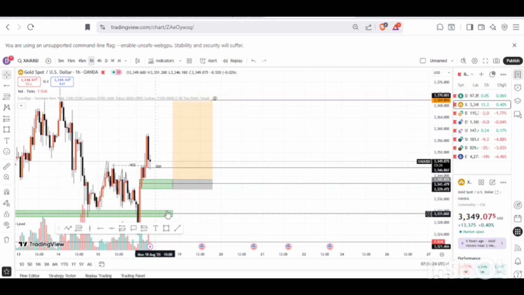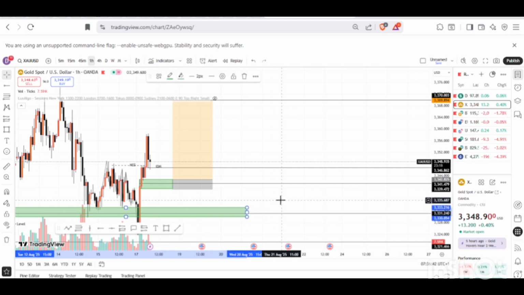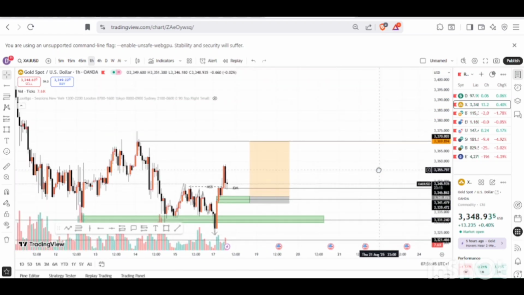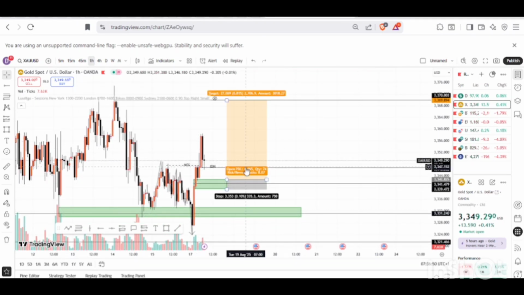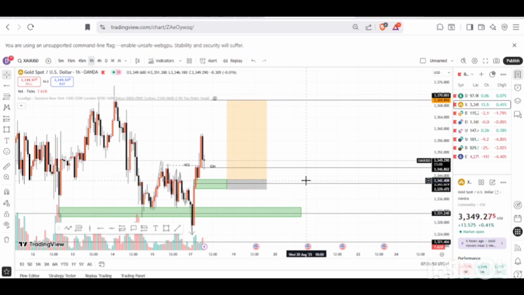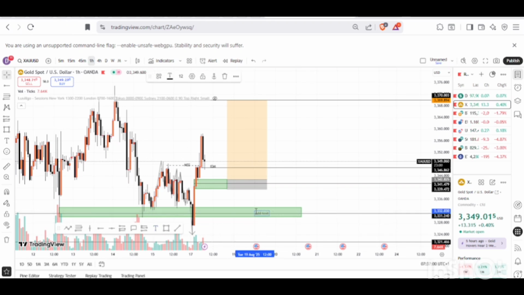The next one that I feel price should come into is this. For me, this is an optimal trade entry model, but it's okay to take up to this point so that you don't miss any entry. So we can extend further, and if price comes down to this point, this is a continuation model and this is a reversal model, QMR, quasi model reversal.